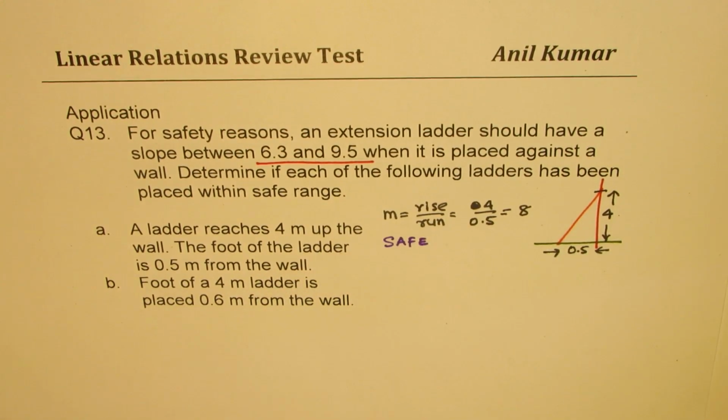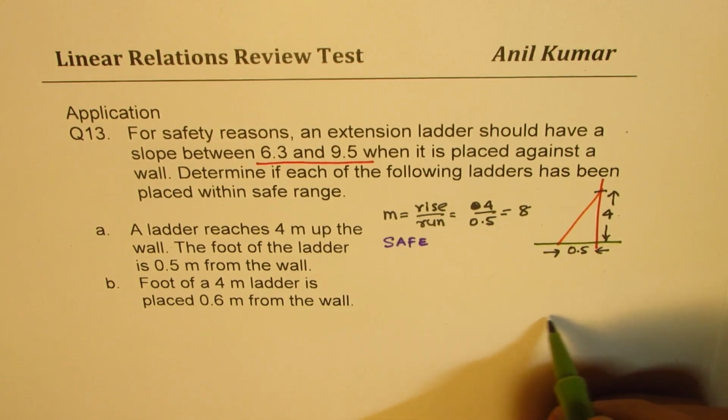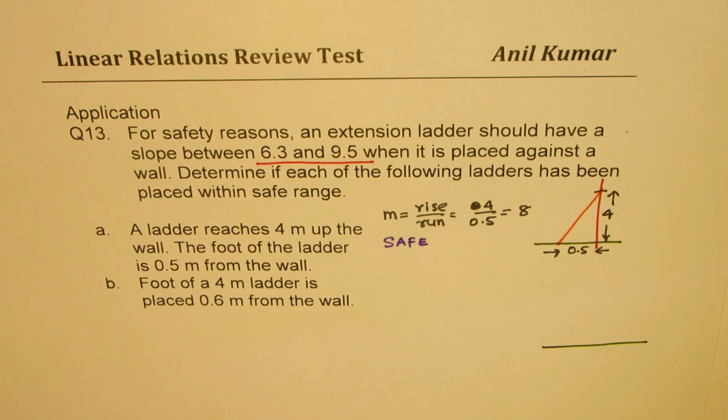Now let's do the second question. In the second scenario, the foot of a 4 meter ladder is placed 0.6 meters from the wall. Now in this case it is kind of tricky, right? So let's try to understand this.